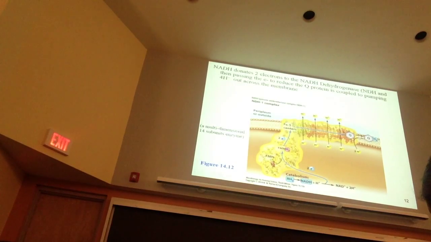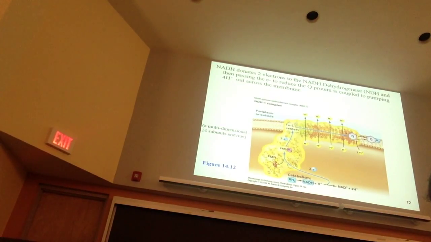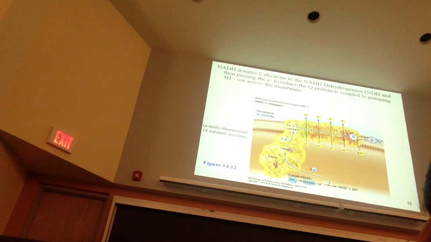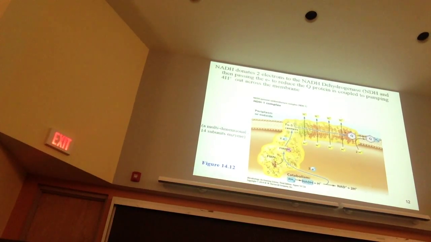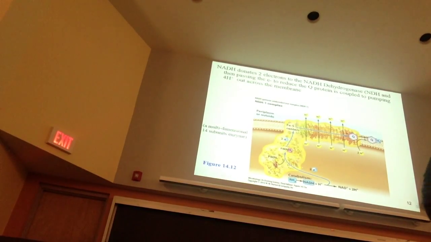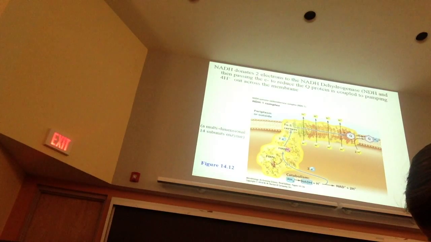And the first electron acceptor downstream of NDH is coenzyme Q. So this is the beginning of the electron transport chain. But it's important because it transfers electrons from the cytoplasm now into this membrane-bound protein complex.